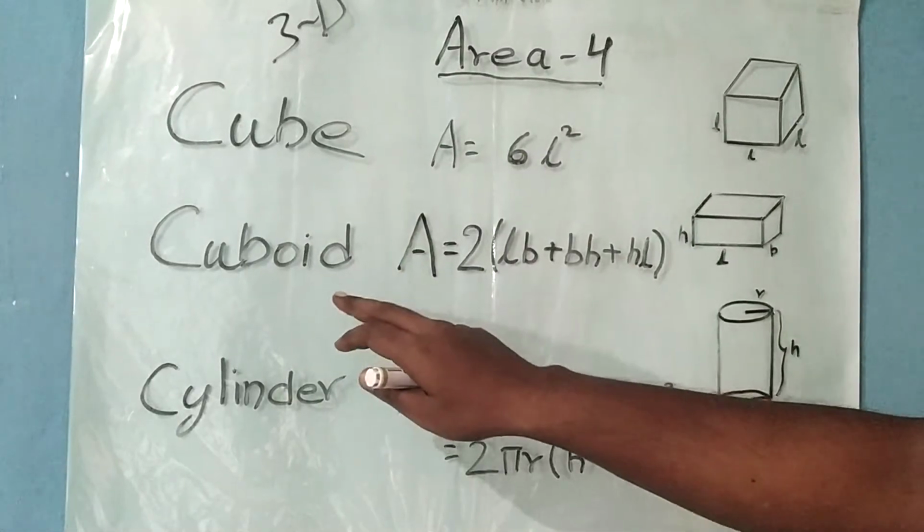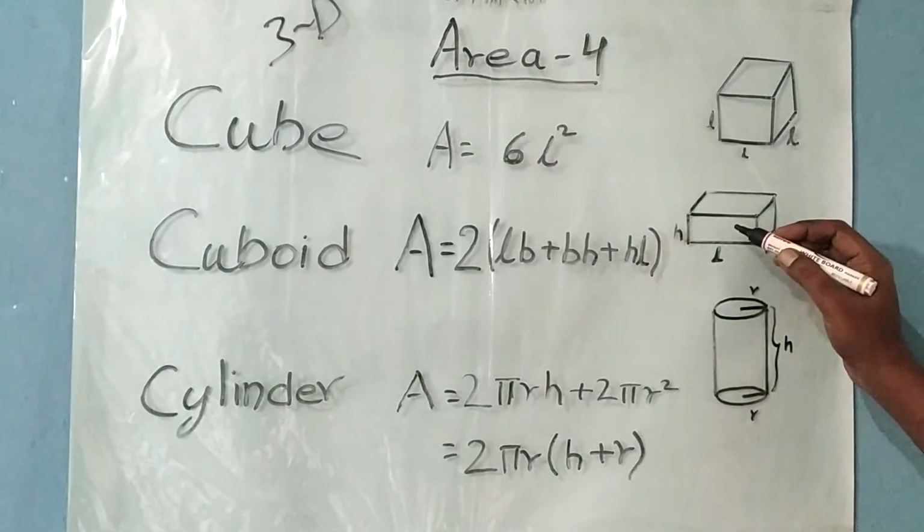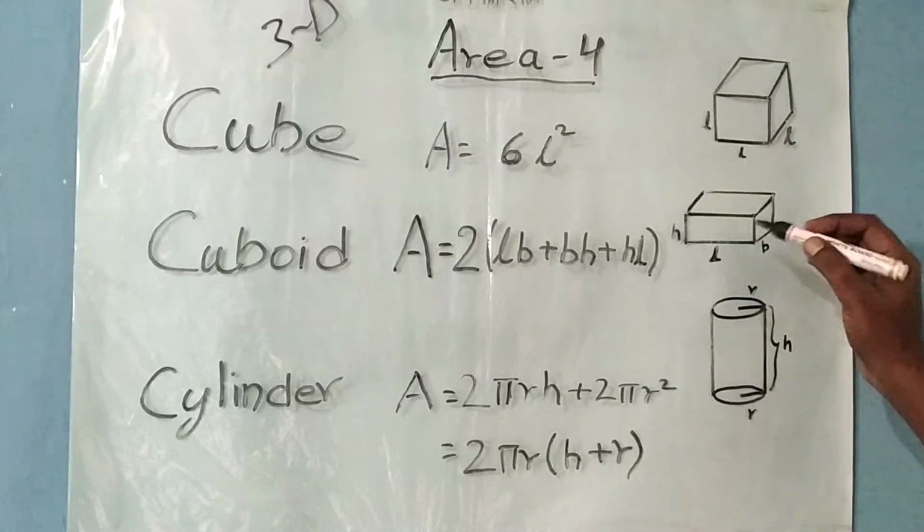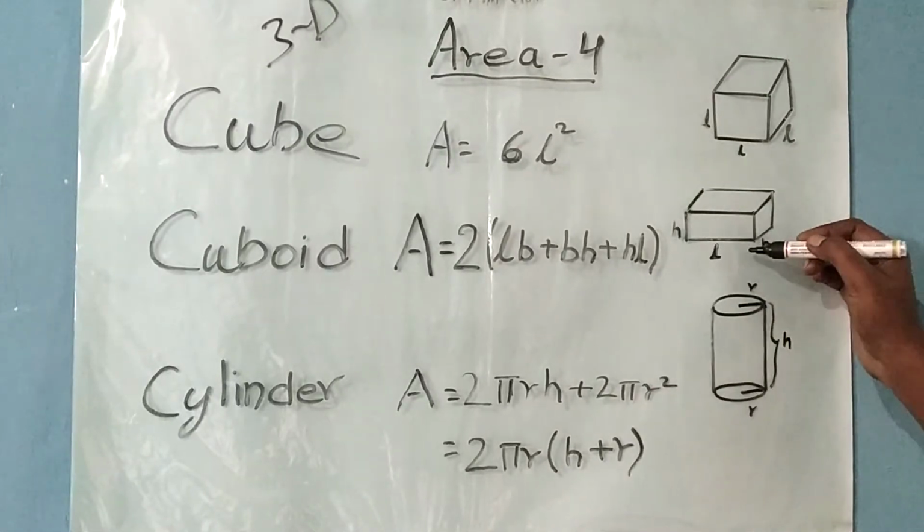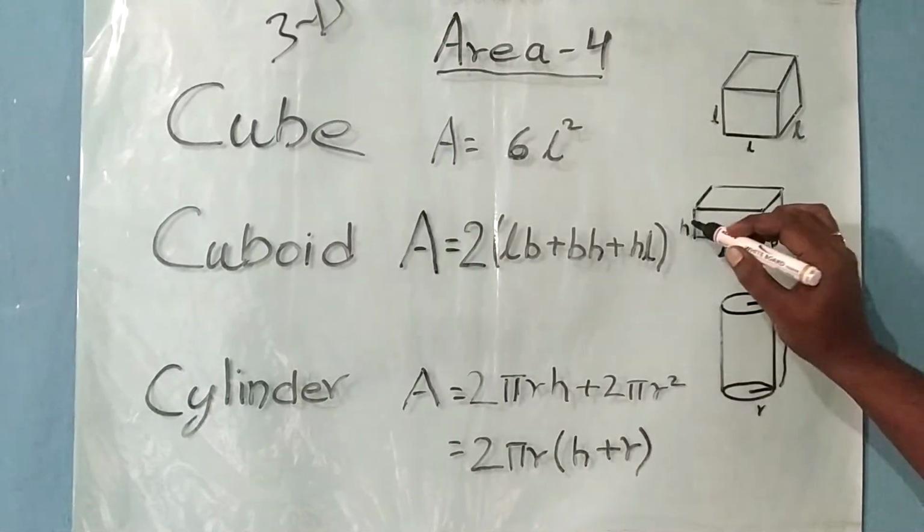In the second case, the cuboid. Here also there are 6 faces: 1, 2, 3, 4, 5 and 6.